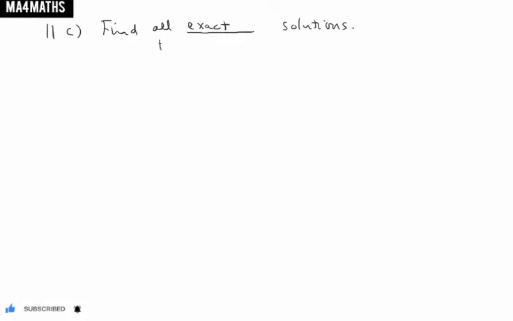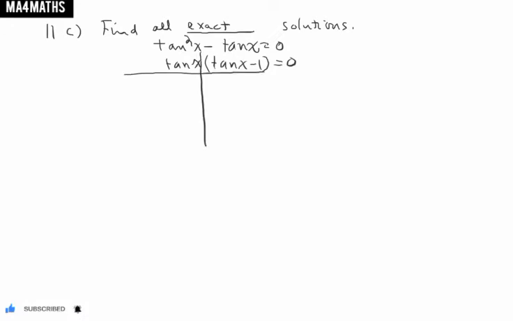So we have tan squared x minus tan x equals 0. If you factor out tan x, it'll be tan x times (tan x minus 1) equals 0. And if you split this in two, you have tangent x is 0 and tangent x is 1.